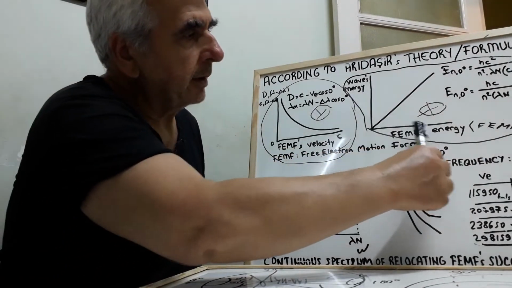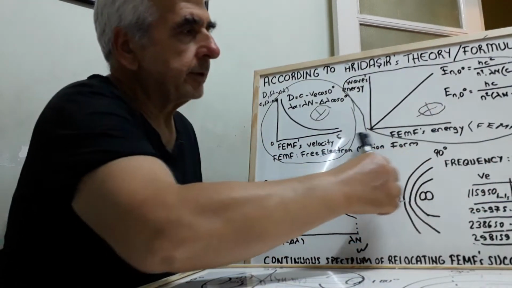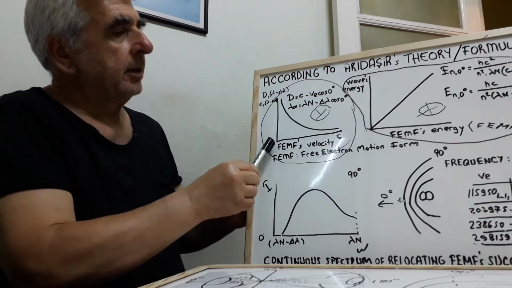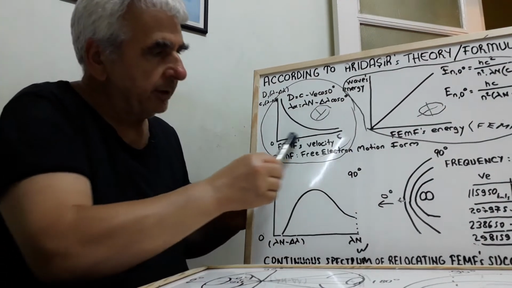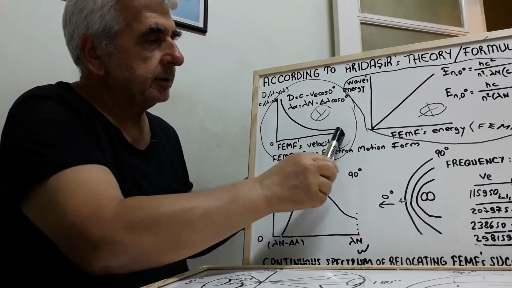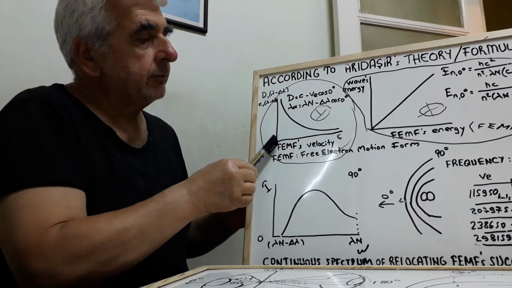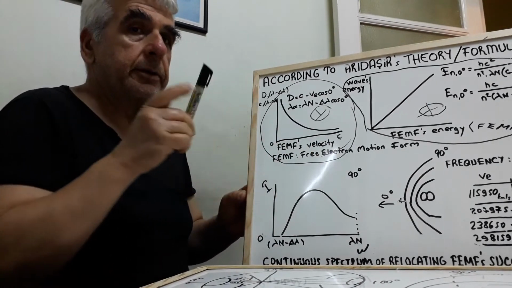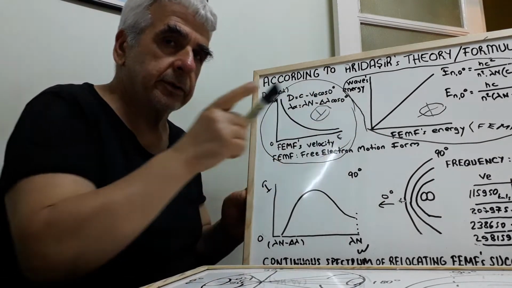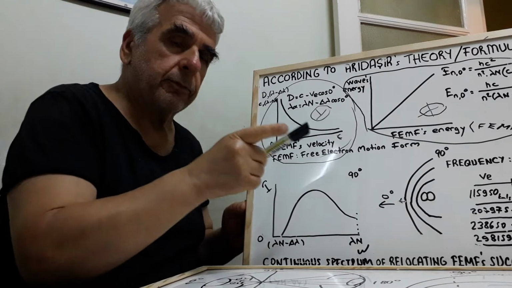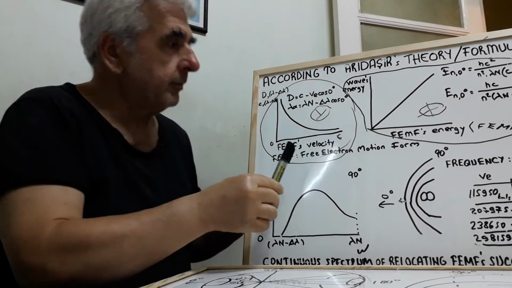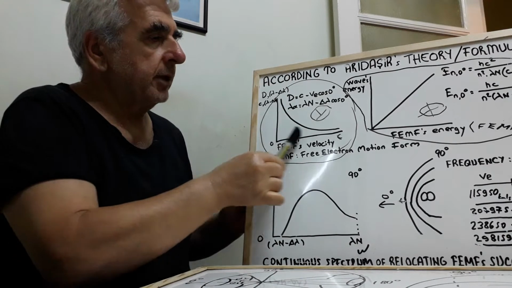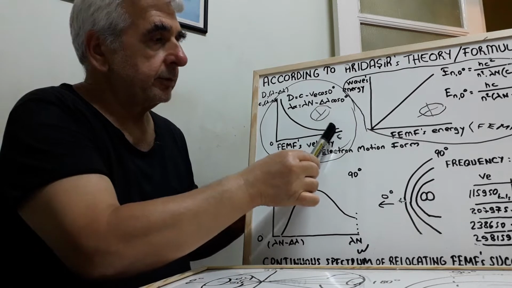Here, free electron motion form's velocity. Here, wave energy. And here, free electron motion form's velocity. This is the point. If free electron motion form's velocity increases, in the direction of 0 degree, the direction of electron motion form's motion, the wave velocity at 0 degree decreases at the rate of the velocity of the free electron motion form.